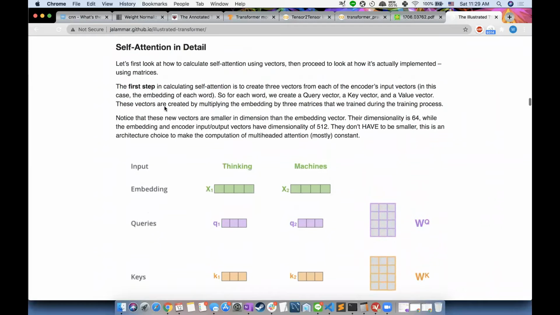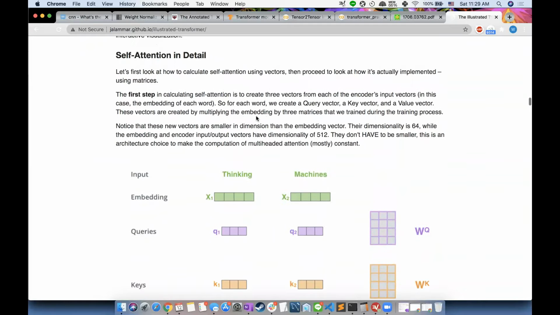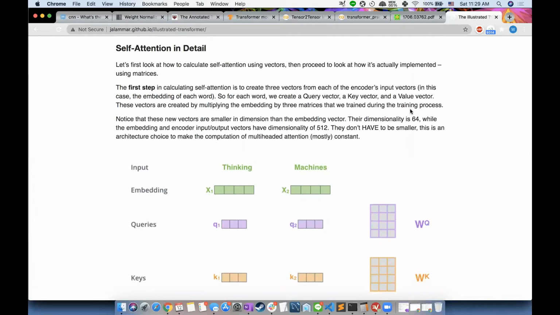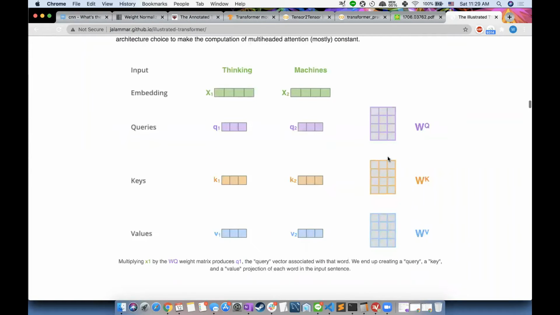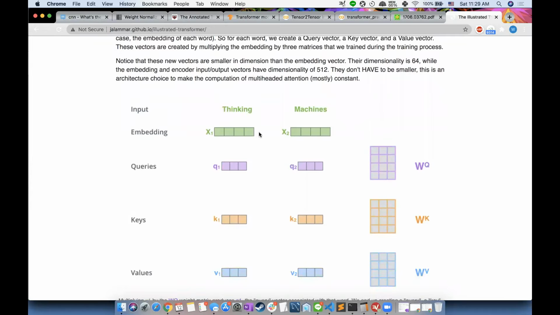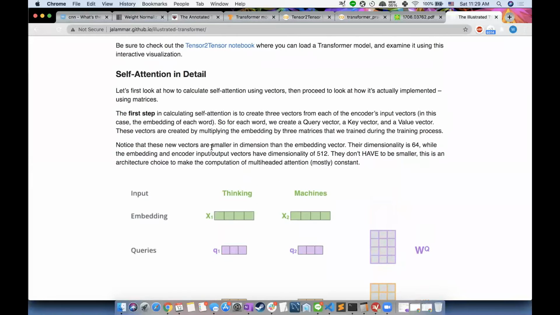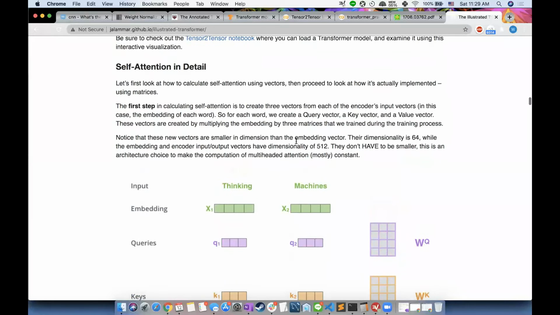So, okay, these vectors are created by multiplying embedding by 3 matrices, these 3 matrices, right? That we train during the training process. Again, these are weights to be trained. And when you multiply these together, you get the QKV vectors. Notice that these vectors are smaller in dimension than the embedding vector.